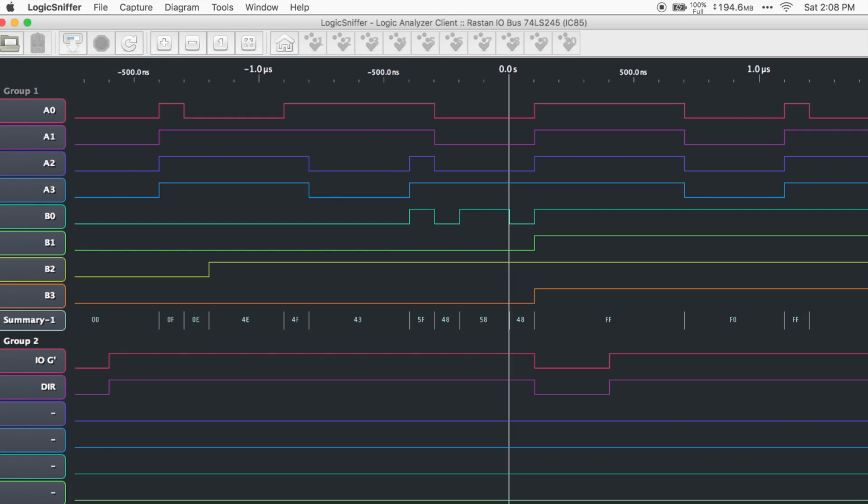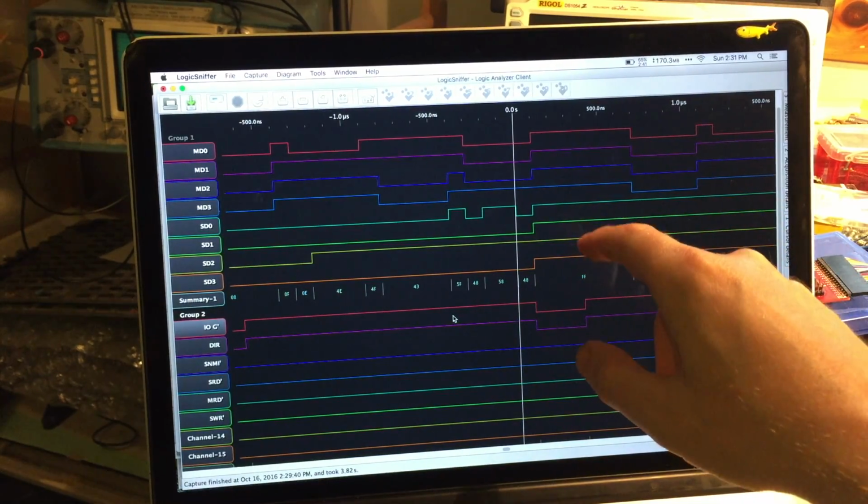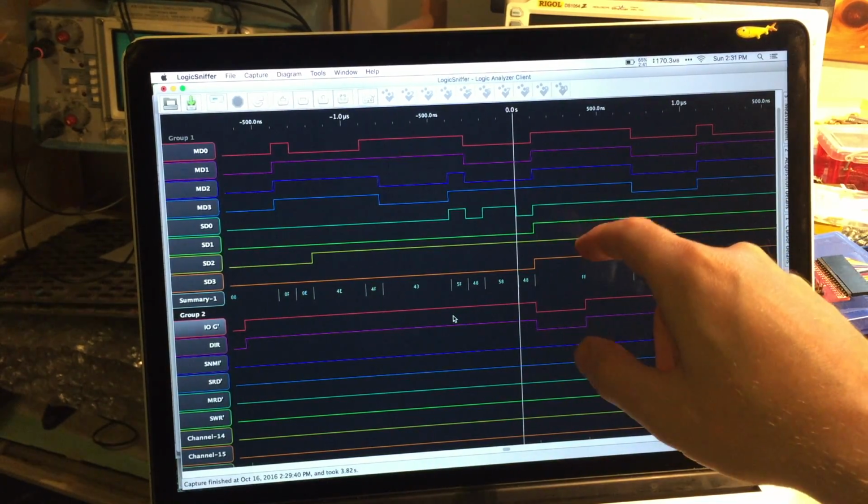Okay, well, the buffer chip seems to be okay. The top four lines are coming from the master data bus from the main CPU, and the next four lines are what are coming out of that 245 IC. It's receiving high, high, high, high, and it is putting out high, high, high, high.